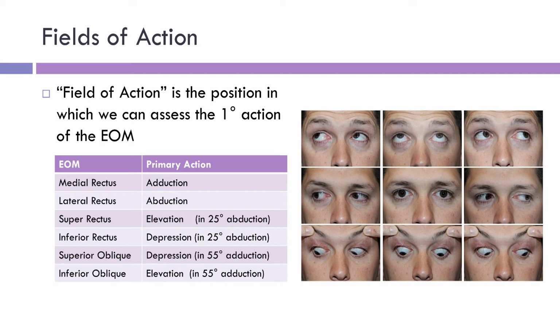The only issue is in elevation and depression. So when a patient looks directly up or directly down, I can't isolate a muscle. So if we take the right eye, for example, whilst it's elevating, both the superior rectus and the inferior oblique are contributing to elevation. So in this position, I can't actually tell which is the problem muscle if there is a problem in that position of the gaze.